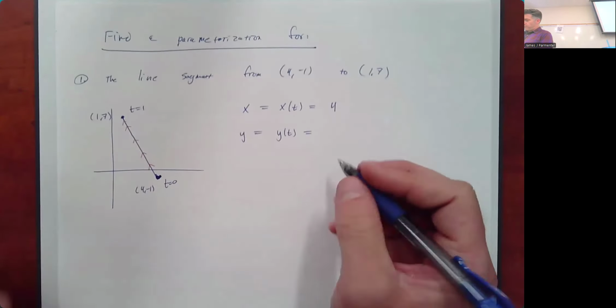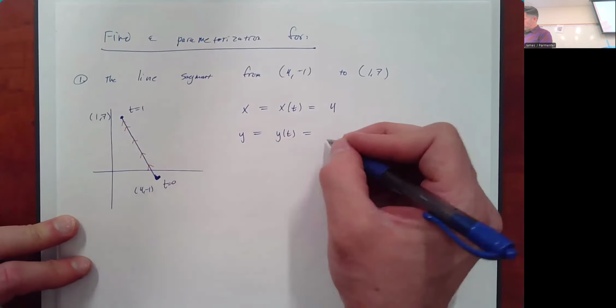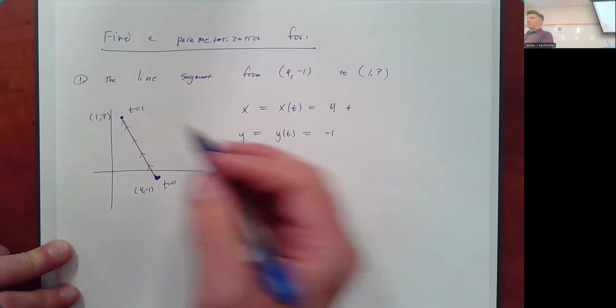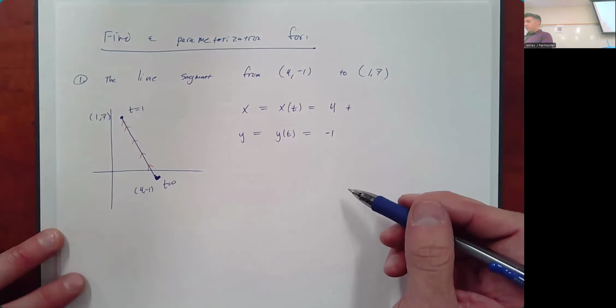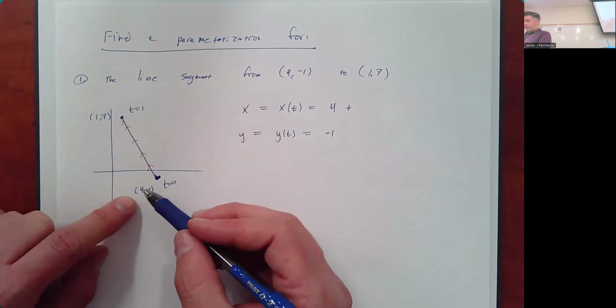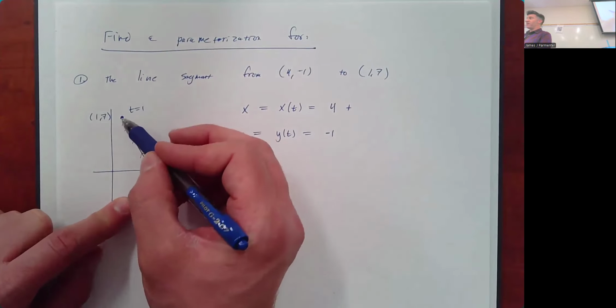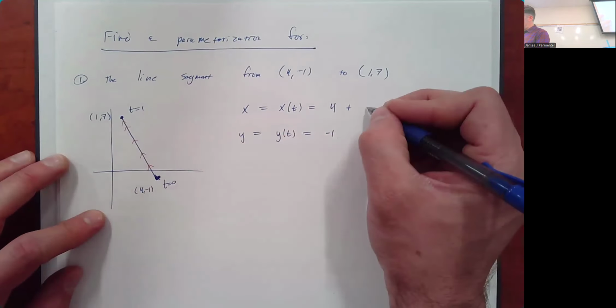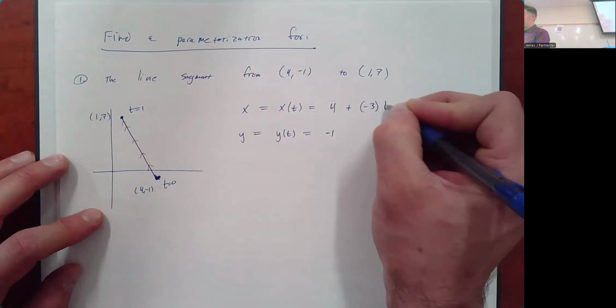So I'm going to have a 4, and similarly, at time equals 0, y should be negative 1. And then I'm going to add some multiple of t. So if t increases by 1, I need x to go from positive 4 to positive 1. So x is going to decrease by 3. So what I need is a negative 3 times t.